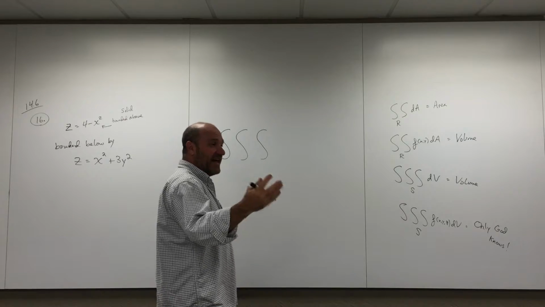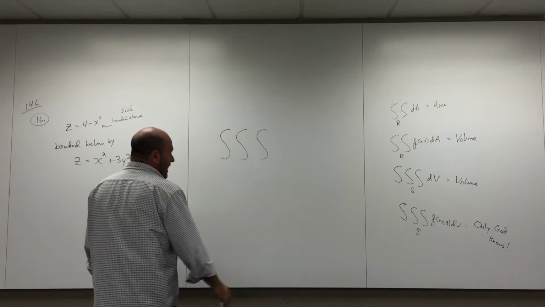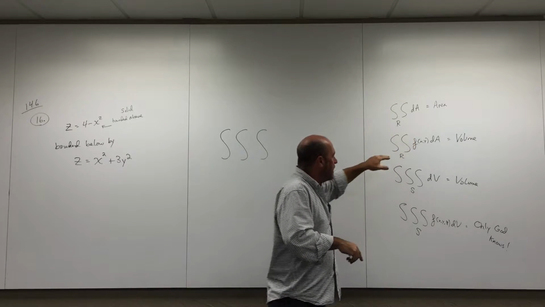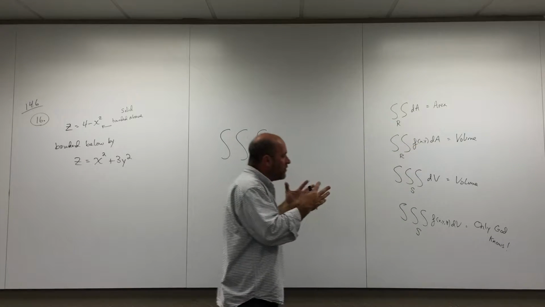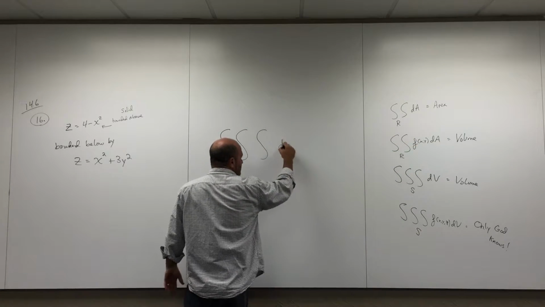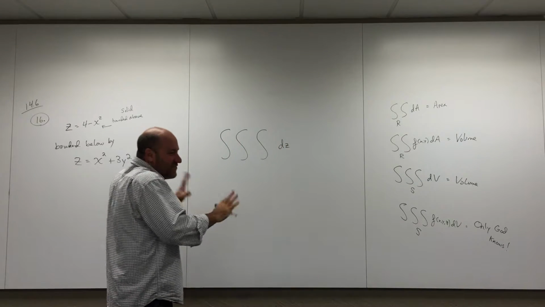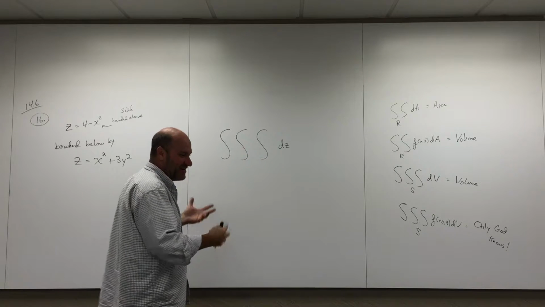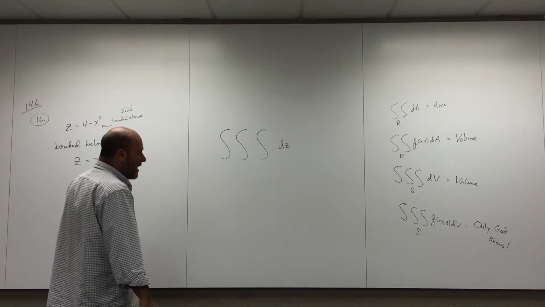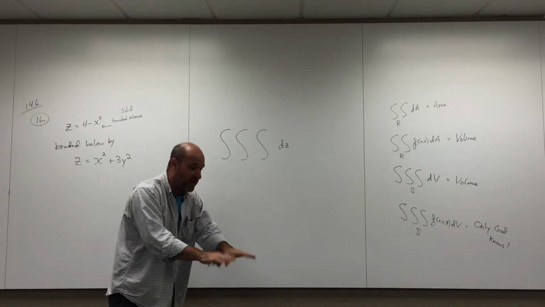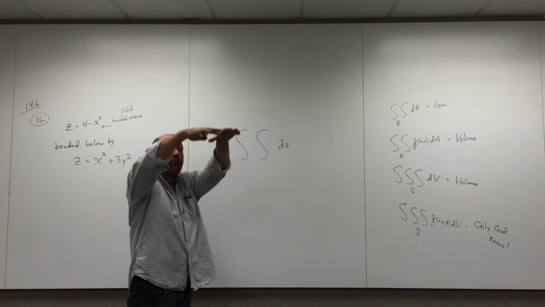Which one should I do? Well, it's kind of obvious. We've been working with x's and y's, and we've got the z right here. What we'd like to do is take care of z first. That's the way we think. But in reality, all these variables are just variables, and it doesn't matter. If we let z go first, then z goes from a lower surface to an upper surface.